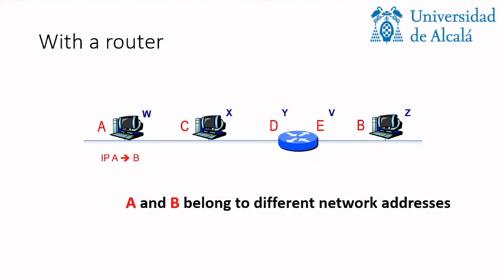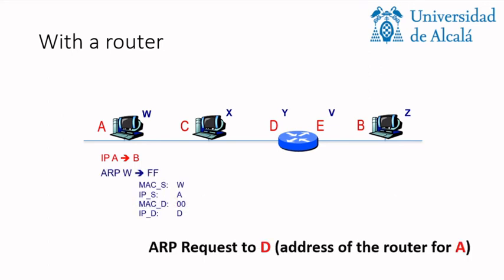In this case, when A is sending the information to B, A will realize that B belongs to another network. So it produces an ARP request as in the previous example, but in this case, instead of asking for the MAC address of B, it will ask for the gateway MAC address, because the gateway is the router.